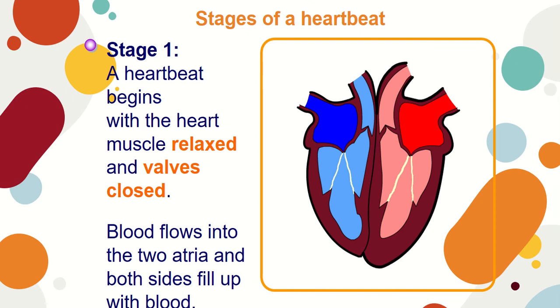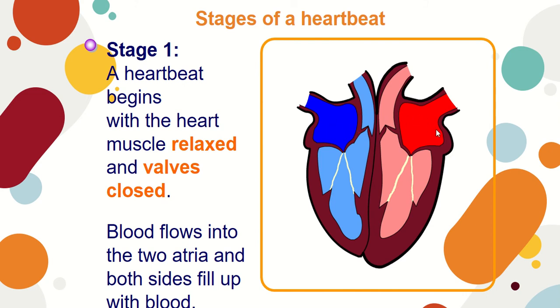Next, stages of a heartbeat. So as you can see here, we have the heart, the left and the right part. A heartbeat begins with the heart muscle relaxed and valves closed. Blood flows into the two atria and both sides fill up with blood. Here we have deoxygenated blood, or oxygen-poor blood, and we have oxygenated blood.